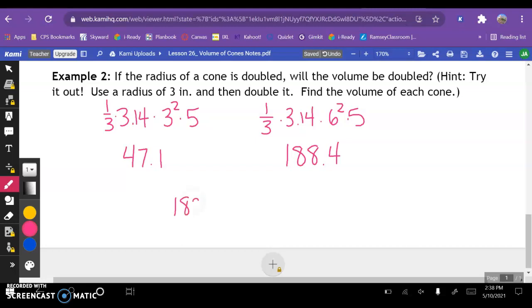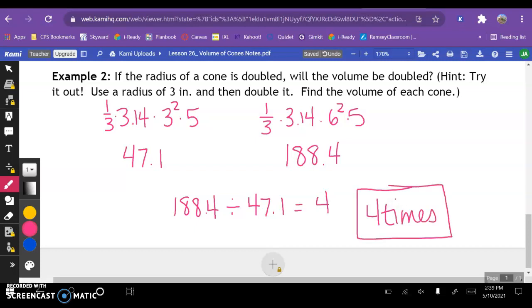I'm going to figure out how many times bigger it is by taking the 188.4 and dividing it by 47.1. And I get an answer of 4. So it is 4 times larger. When you double the radius, your cone is 4 times larger.